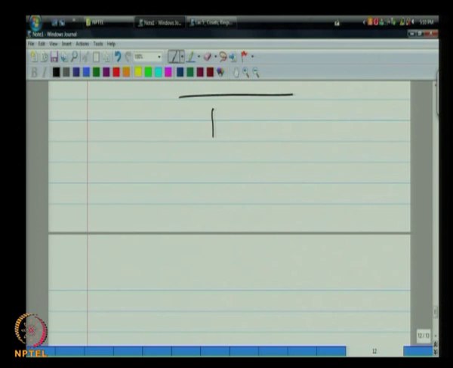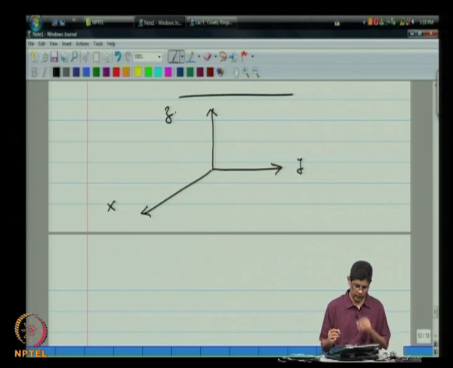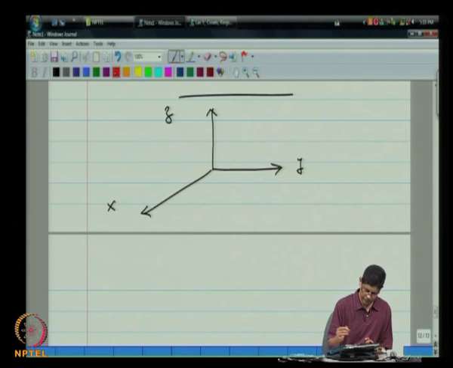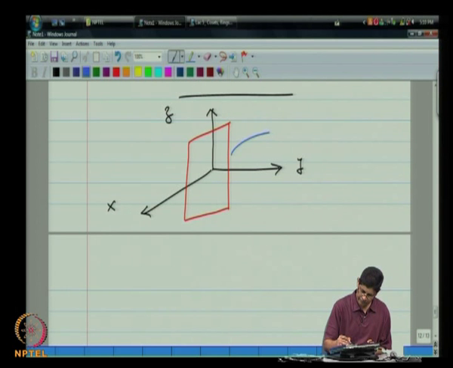Supposing you have something like this, and let us say that this thing here is a plane that passes through the origin.